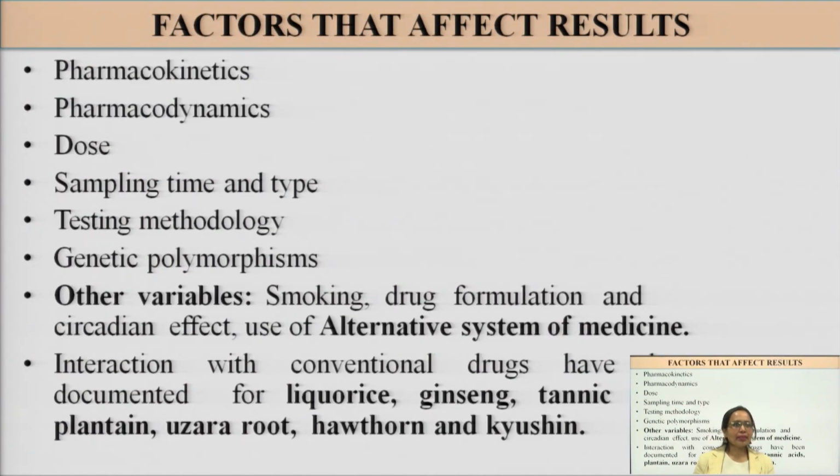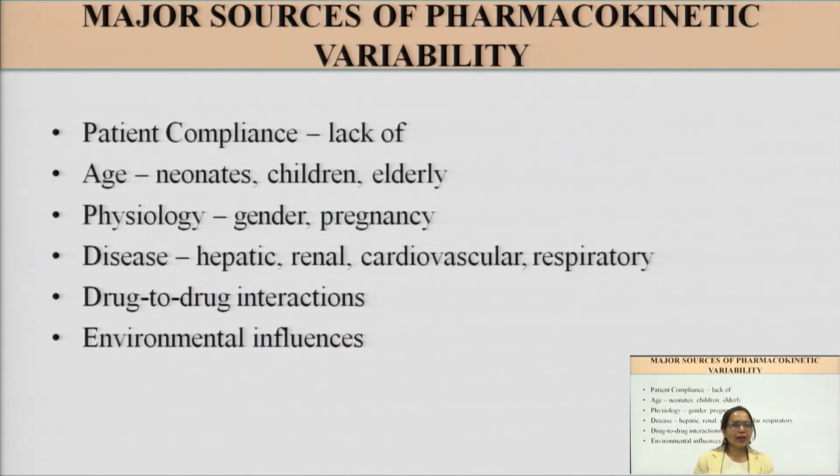These are the factors affecting the results: pharmacokinetic effects, pharmacodynamics, dose, sampling time and type, testing methodology, genetic polymorphism, and other variables like smoking, drug formulation, and interactions with other agents. The major sources of pharmacokinetic variables are patient compliance, age, physiology, disease, drug and environmental influences.